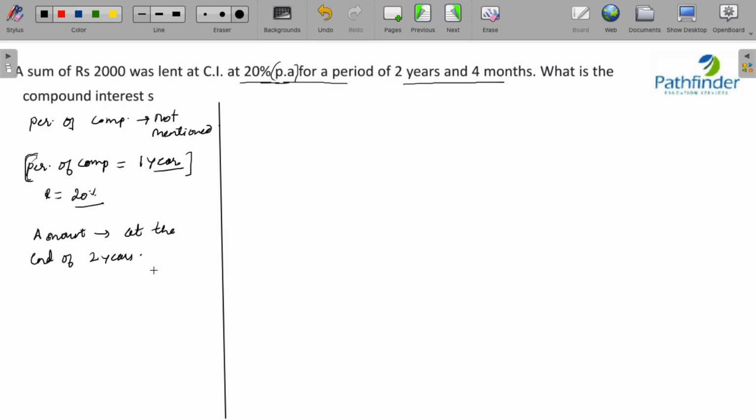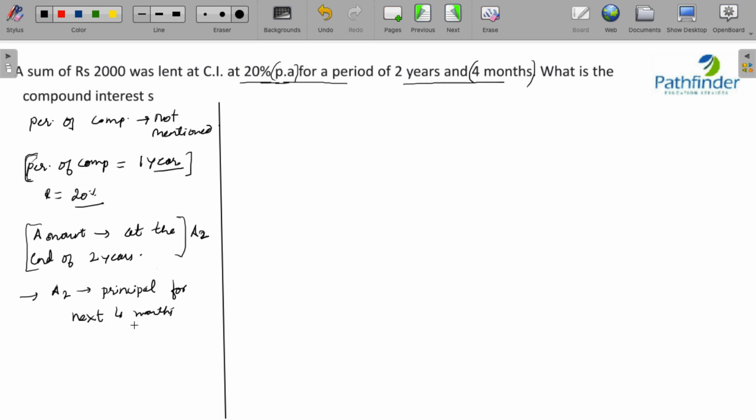And once I calculate the amount at the end of 2 years, for this final 4 month period, the amount calculated at the end of 2 years, let us call it A subscript 2, A2, will be the principal for the next 4 months.